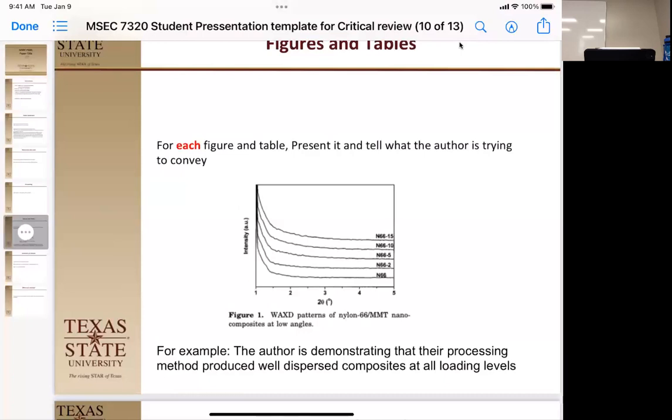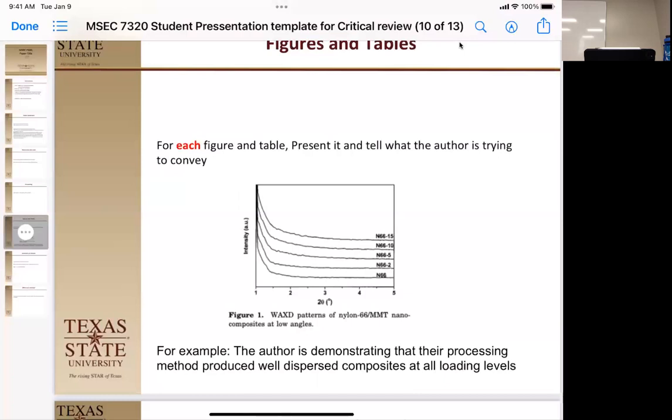This was their highest loading. Even on their highest loading at 15%, they still got good dispersion. They still got full exfoliation. So this is demonstrating that their processing method produced a well-dispersed composite at all loading levels. It's probably not going to be this; this is probably just the first figure proving that their composite was really good.